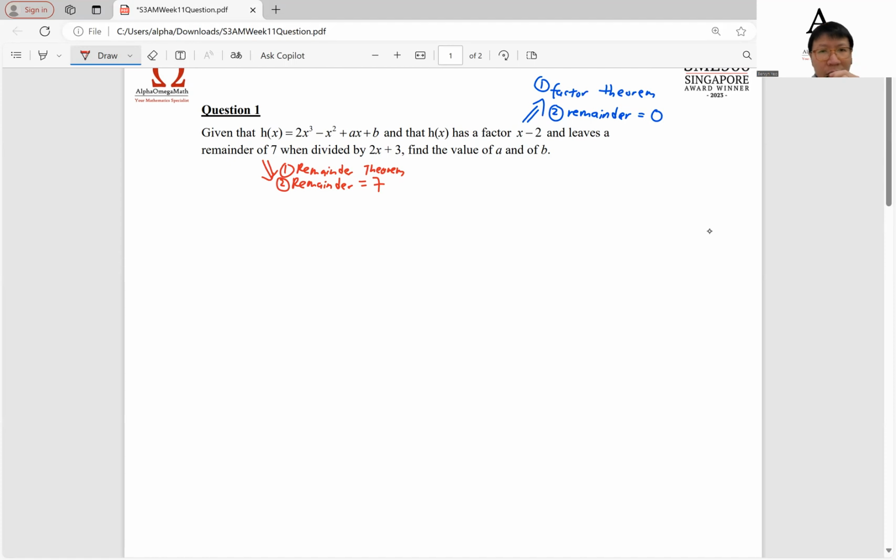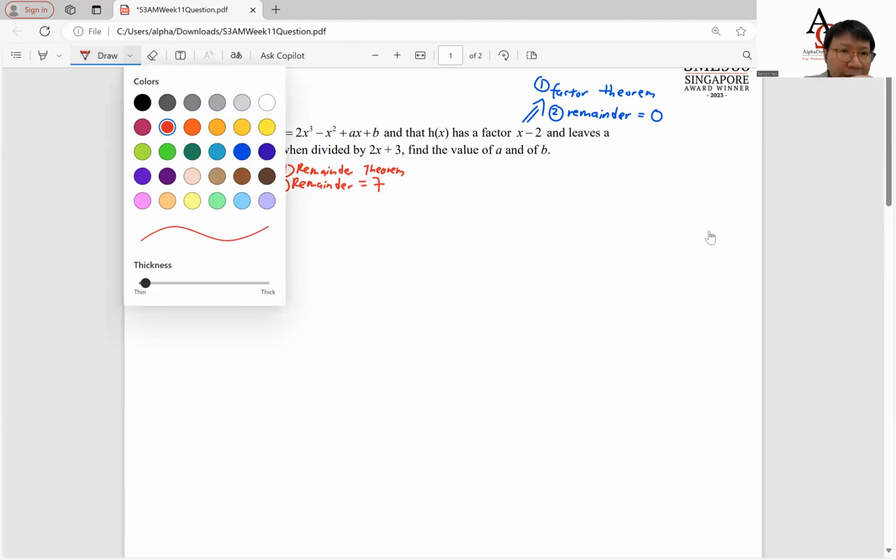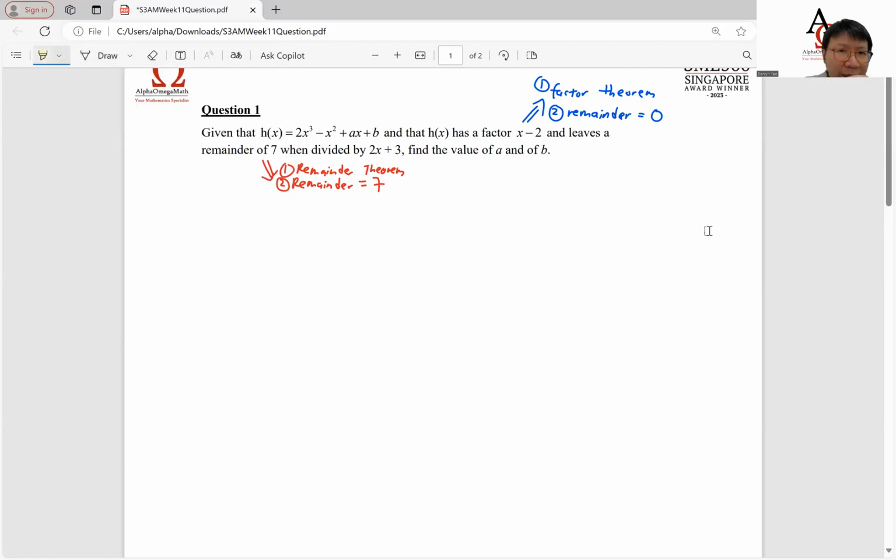theorem. So a common question by students: how do we know what to sub in to equate to our remainder or to equate to 0? Now take a look at the expressions given to us here and here. Let me just underline it.